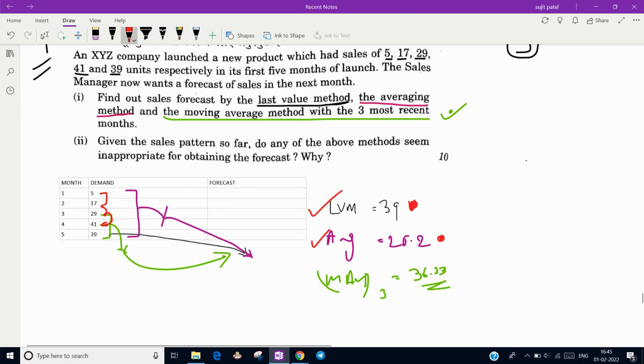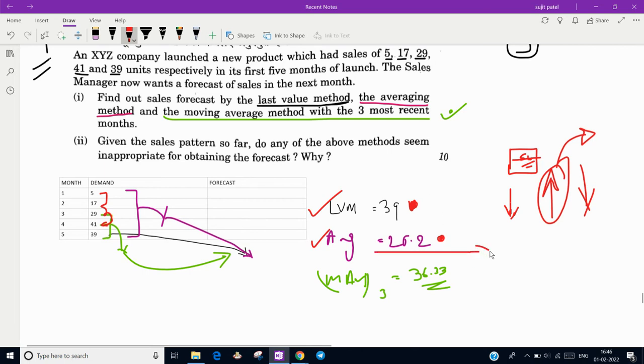It's like, if I give the example of sweets, a sweet shop owner who wants to forecast: during the rainy season his sales will be lower, but as the rainy season is over and festivals like Navratri and Diwali come, the demand goes higher, and then again in December, because there is no festival as such for sweets, demand goes down. So we cannot forecast based on the last demand. This is not an appropriate method, because there are sudden reasons for high or low demand.